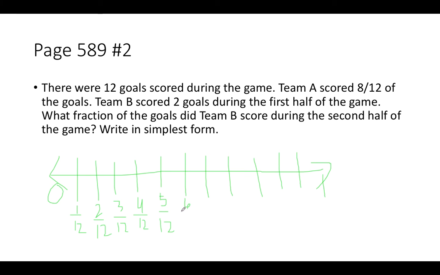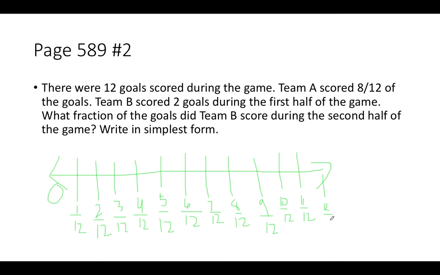It's always good to label the lines because then you don't get confused later on what these lines are. Okay, 8 over 12, 9 over 12, 10 over 12, and then 1 whole is, of course, 12 over 12.